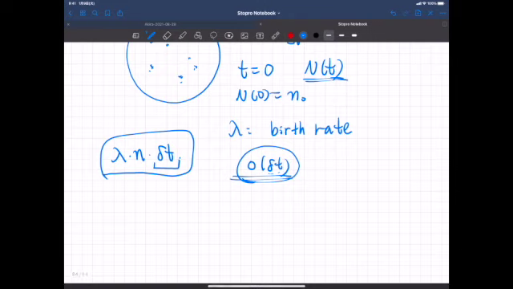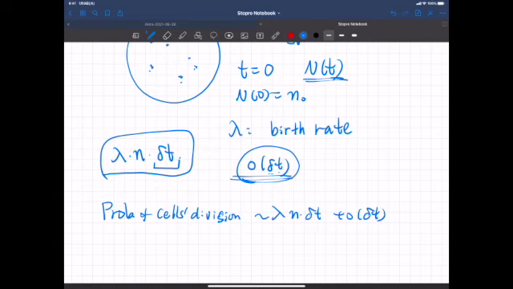So the probability of a cell division is lambda n delta t plus small o of delta t. The probability of no cell division is 1 minus this.